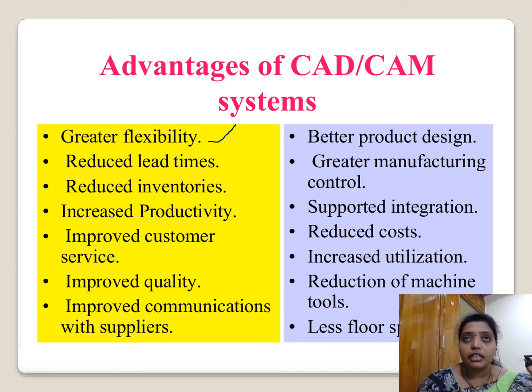Lead time means the time between operations in the industry. Lead time means preparing the object from one session to another session. First of all we take the designing part, and afterwards it goes to the manufacturing process. The time between these: in CNC machines, one object is prepared, and afterwards the next object is ready, wanting to be ready on the platform.